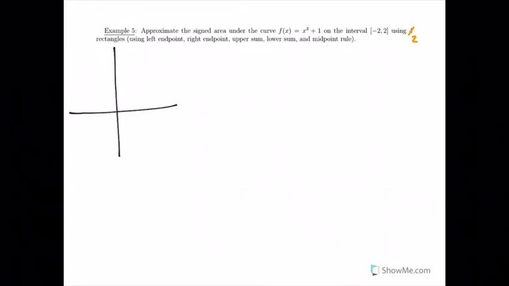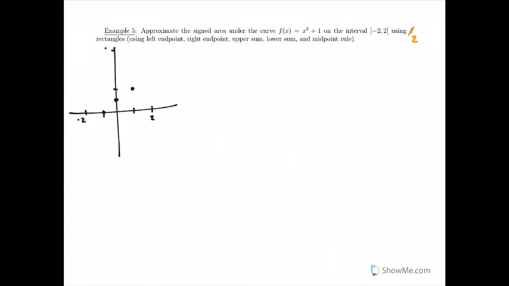We have x cubed plus 1 on the interval -2 to 2. This is going to look like the function x cubed moved up 1 unit. If we think about plugging in 0, that's going to give us a value of 1. We plug in 1 and -1, we're going to get values of 2 and 0.